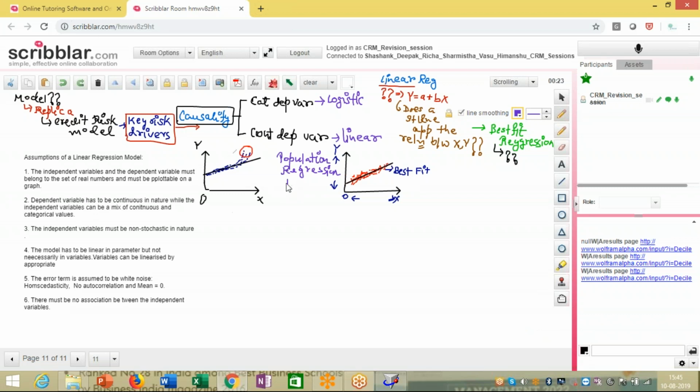Now what is this population regression function?